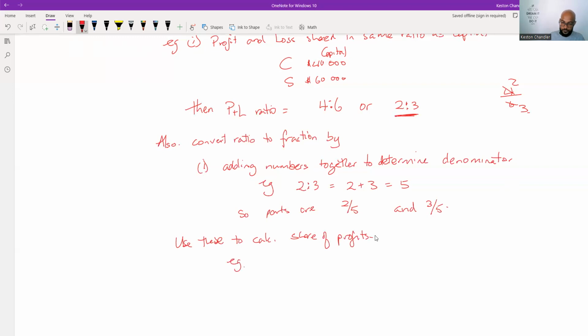Example, let's say the appropriated net profit is $10,000. Then we could say C gets 2/5 and S gets 3/5 of 10,000.